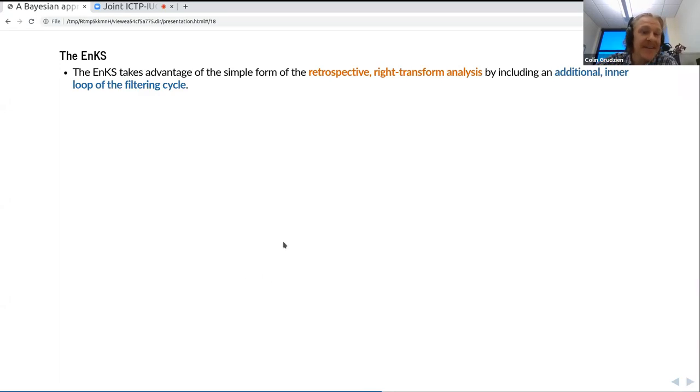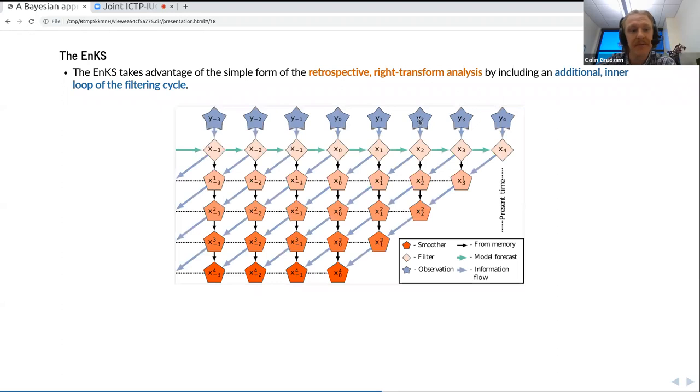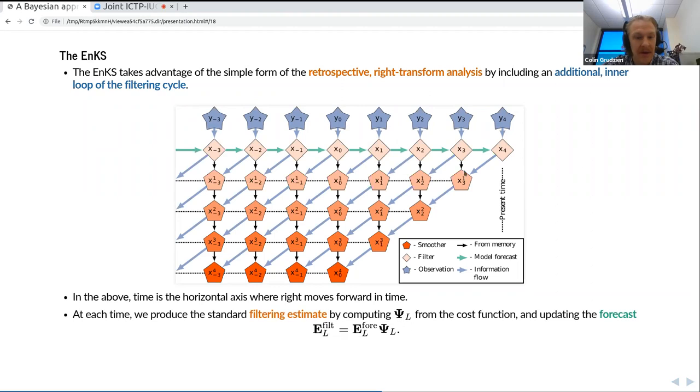The ENKS takes advantage of this retrospective right transform analysis by using an additional inner loop of the filtering cycle. What we're imagining here is that time is on the horizontal axis, moving left to right, forward in time. Each of these steps represents a filtering step with an observation coming in, and various pieces of information come from memory, the model forecast, or the information flow.